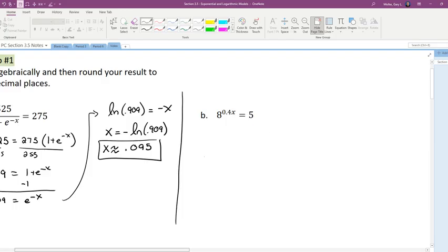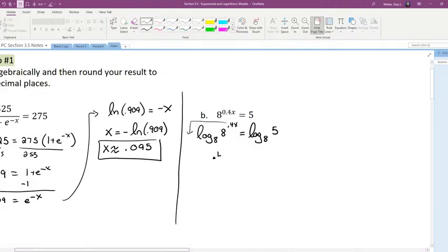So this problem, I'm going to take log base 8 of 8 to the 0.4x, and I'm going to take log base 8 of 5. Log base 8 of 8 is 1, and so again, visualizing that the 0.4x comes down, then you have 0.4x times 1.